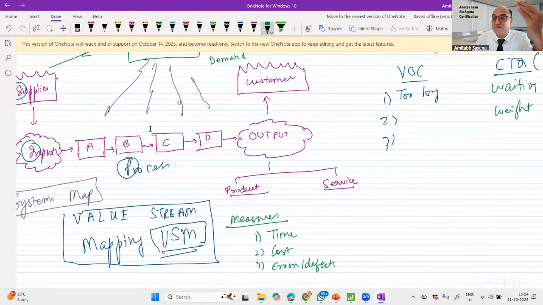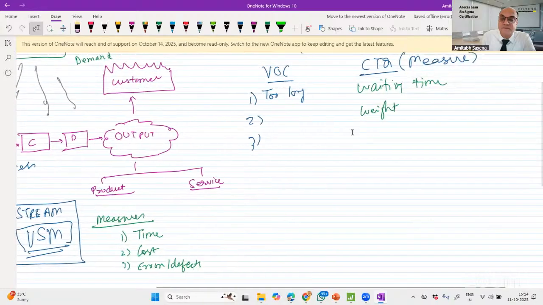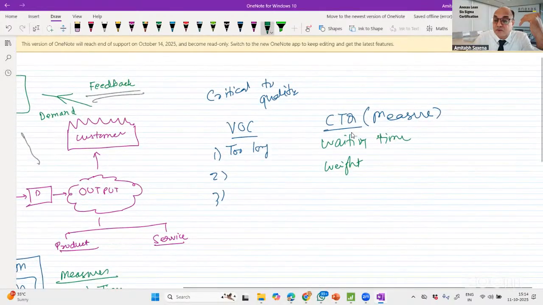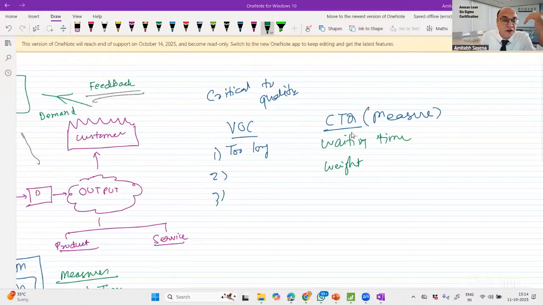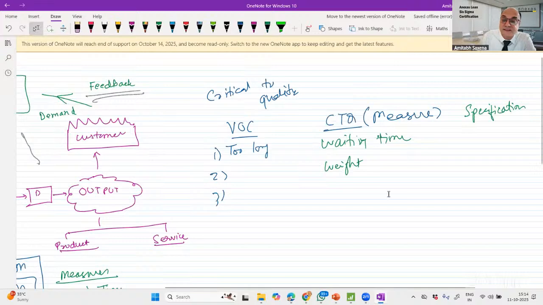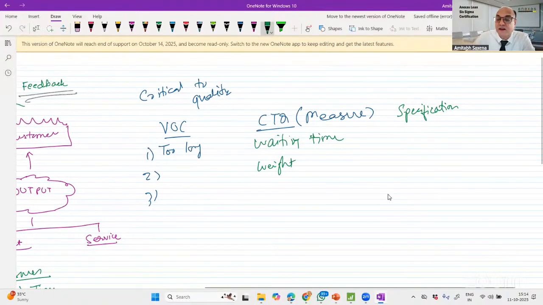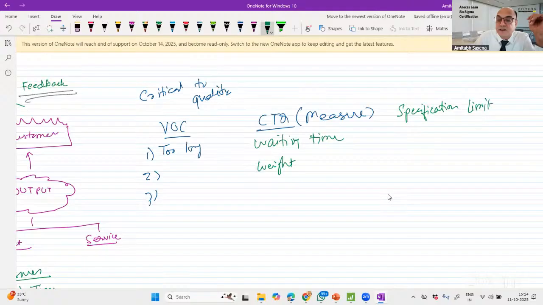Some examples would be: patient waiting time should be less than 30 minutes. So this was the measure, up to here you are with me. Then if you put one specification limit, if you are not understanding my accent, specification limit, yes. So we have the CTQ, the measure, and we have a specification limit.